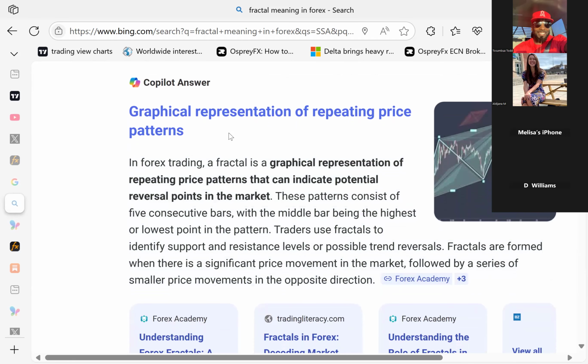In Forex trading, fractal is a graphical representation of repeating price patterns that can indicate potential reversal points in the market. These patterns consist of five consecutive bars, with the middle bar being the highest or lowest.